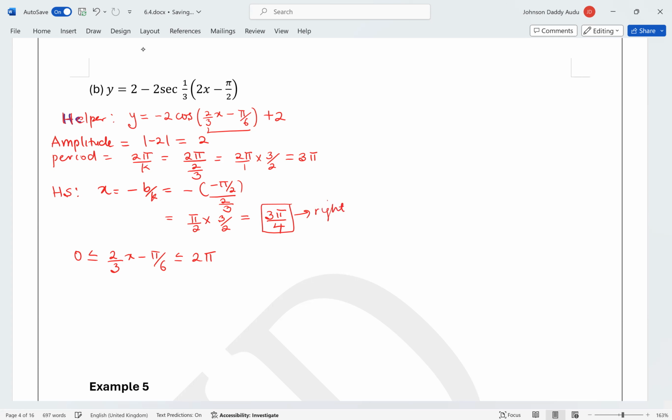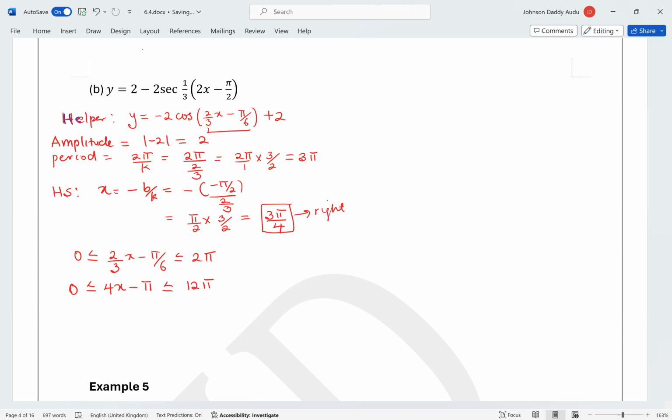So now let's work with this one. Here I can multiply both sides by 6. So this becomes 0. If I multiply by 6, this would be 4x minus pi. And this is going to be 12 pi. Right?